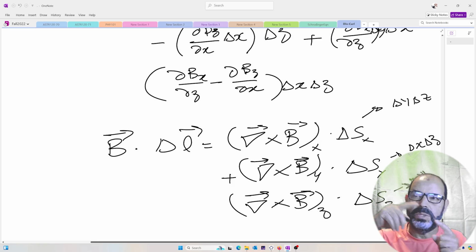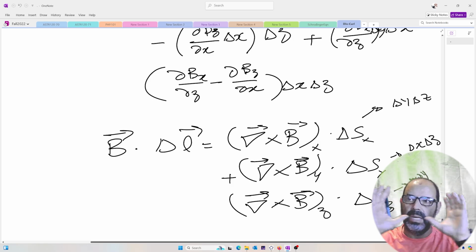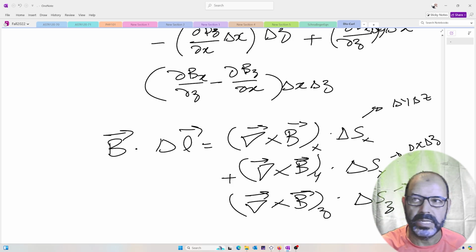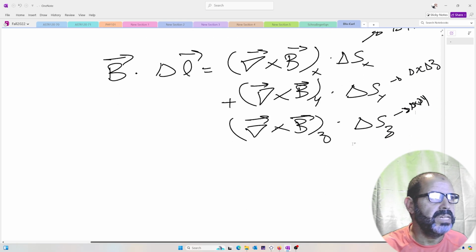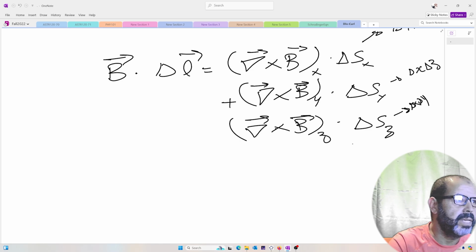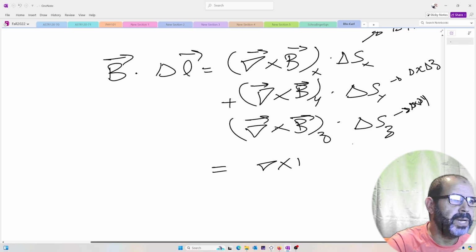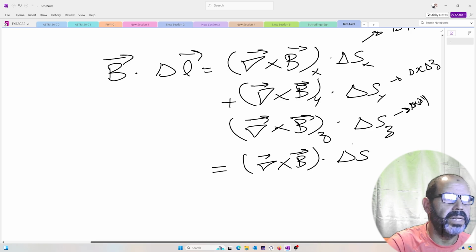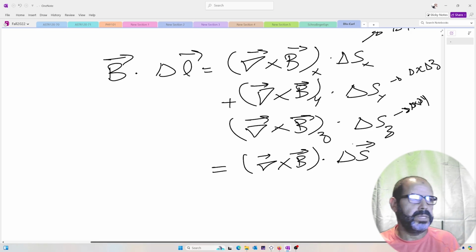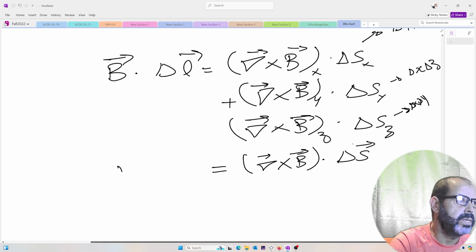Again, from the z direction, you're looking at the xy plane, and the patch of area is going to be delta x, delta y on the xy plane. So that's basically what that is. So at the end of the day, this whole thing looked like this: the curl of the vector b times the size of the area, just a dot product, an everyday normal dot product.